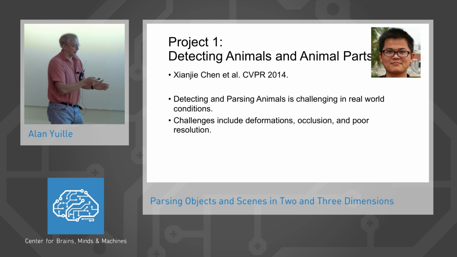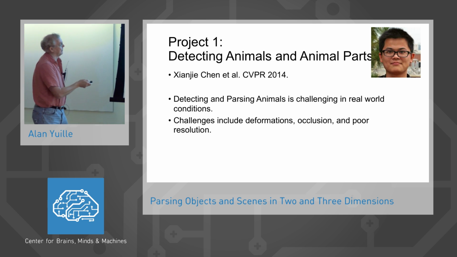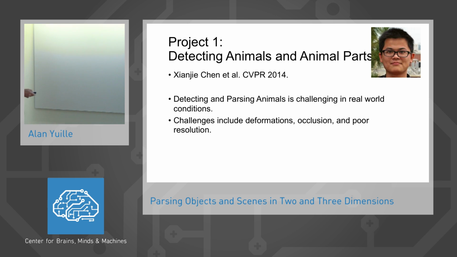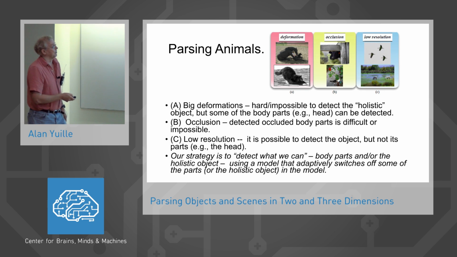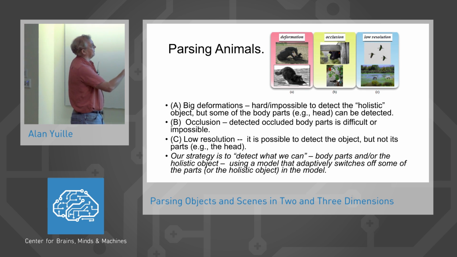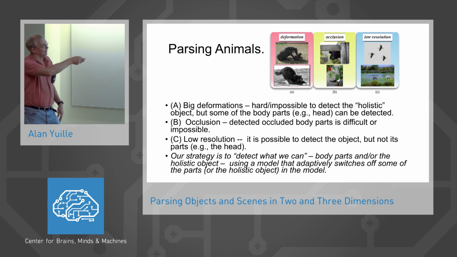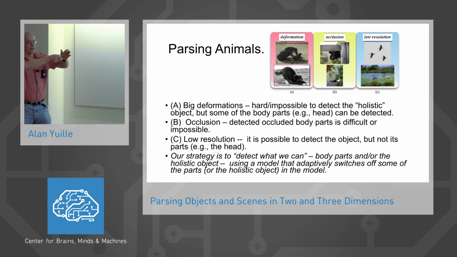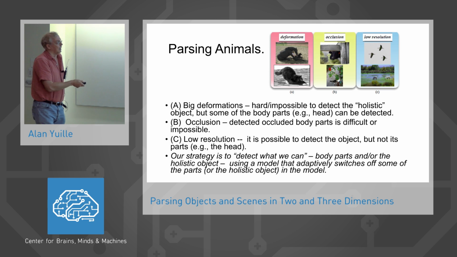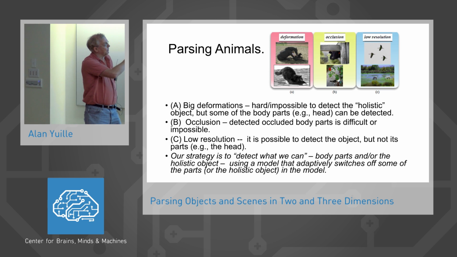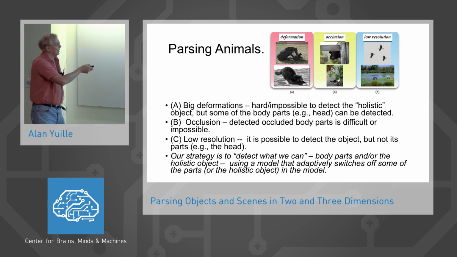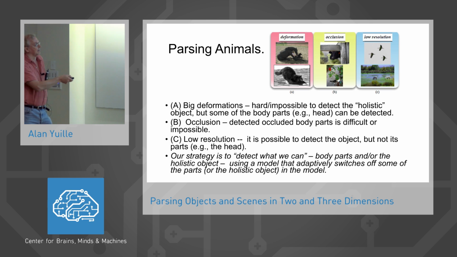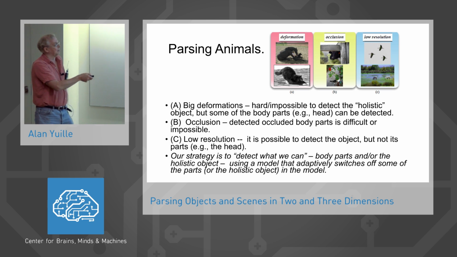So if we work it out, for a deformable object like a cat or a bird or something, there's a whole lot of possible appearances that you can get depending on the viewpoint and the pose of the object. So big deformations.